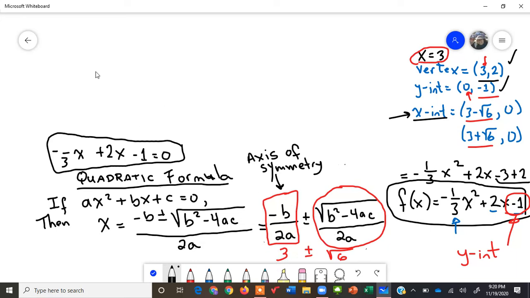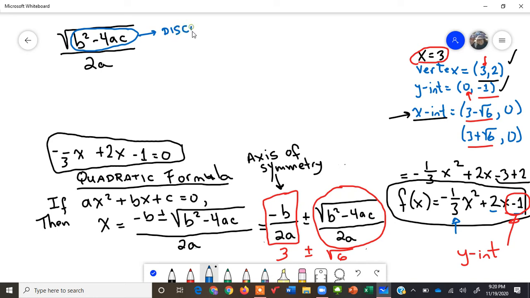Let's focus on the square root of b squared minus 4ac all over 2a. And before we continue, let me just say something about b squared minus 4ac. This is a term that is called the discriminant. It has its own name because it's important.